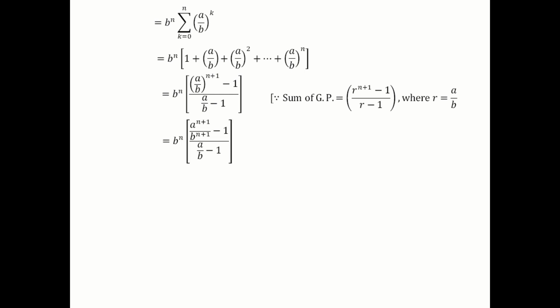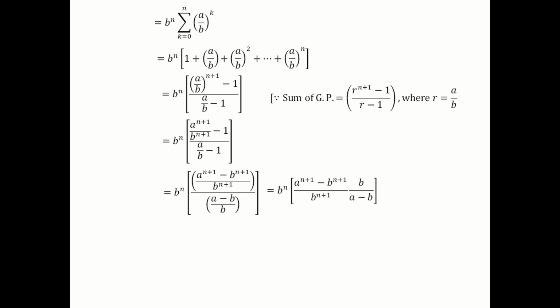So b power n, splitting the powers into numerator and denominator, a power n plus 1 by b power n plus 1 minus 1, by a by b minus 1. Taking LCM on numerator and denominator: in the numerator the LCM is b power n plus 1, giving a power n plus 1 minus b power n plus 1 by b power n plus 1. In the denominator the LCM is b, giving a minus b by b.